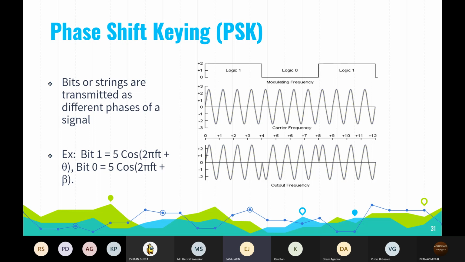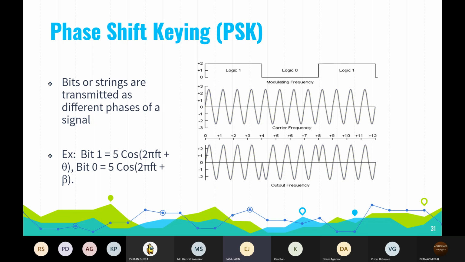Whenever there is a change in the input signal, from 0 to 1 or from 1 to 0, we can see a phase shift of pi, that is 180 degrees, takes place.